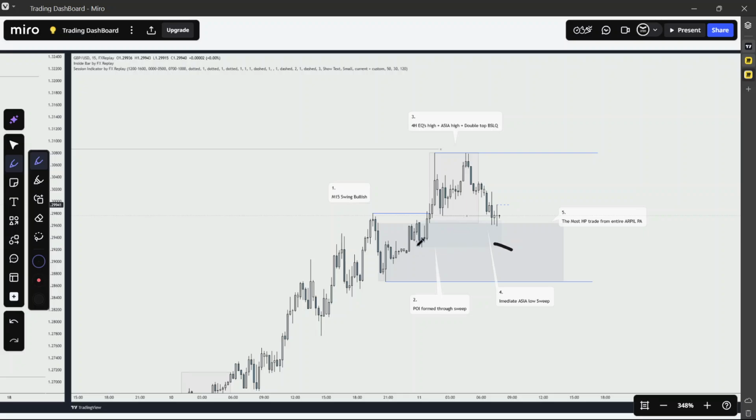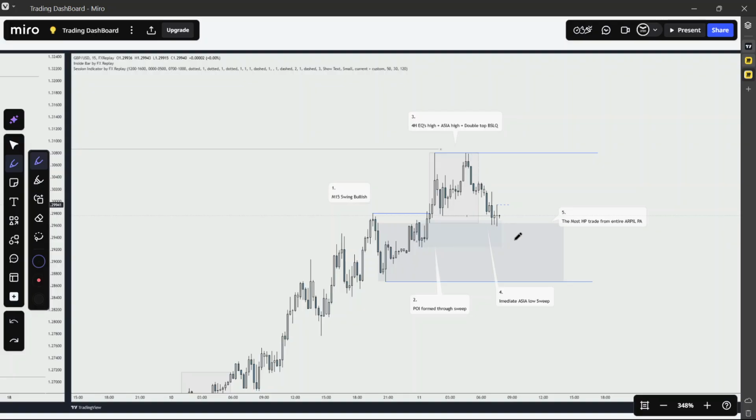First, this POI is formed through this sweep and breakout structure, so this was a valid POI. And coming to the POI, we have this lead that made it a very nice POI, not just this lead, but also the ACL low here.